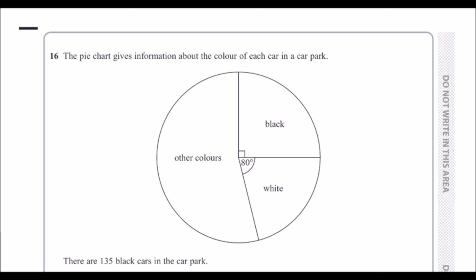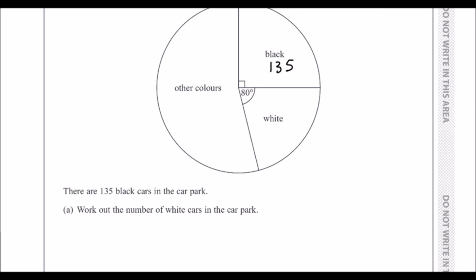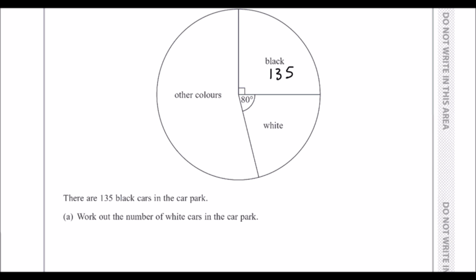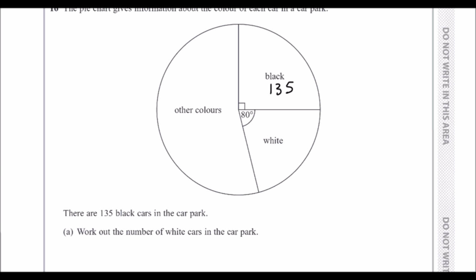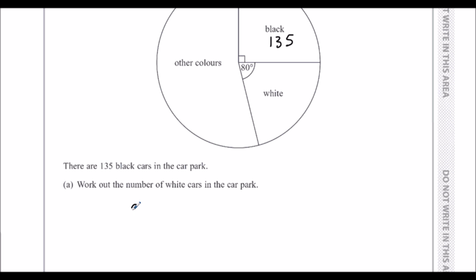Question 16. The pie chart gives information about the colour of each car in a car park. There are 135 black cars. Work out the number of white cars. So 135 cars is 90 degrees.